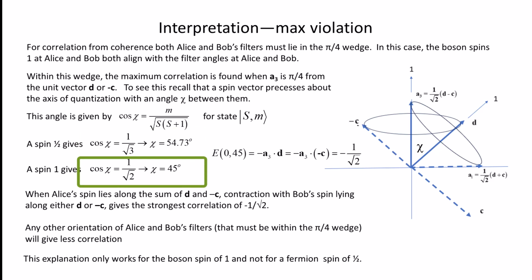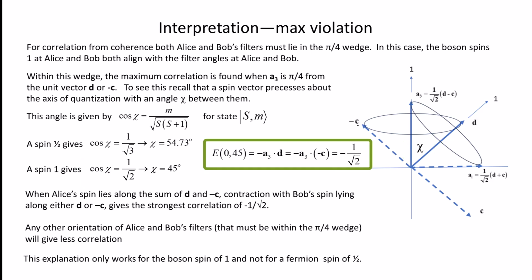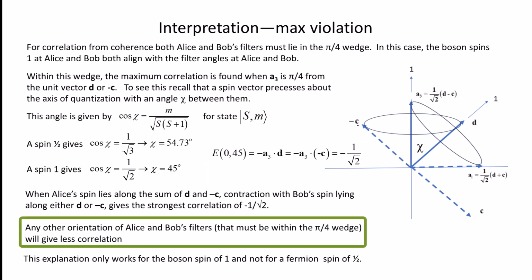A boson spin of 1 makes an angle of chi of 45 degrees. At this angle, the precessing bosons have maximum correlation of -1/√2. Any other orientation of Alice and Bob's filters that must be within that pi/4 wedge will give less correlation.